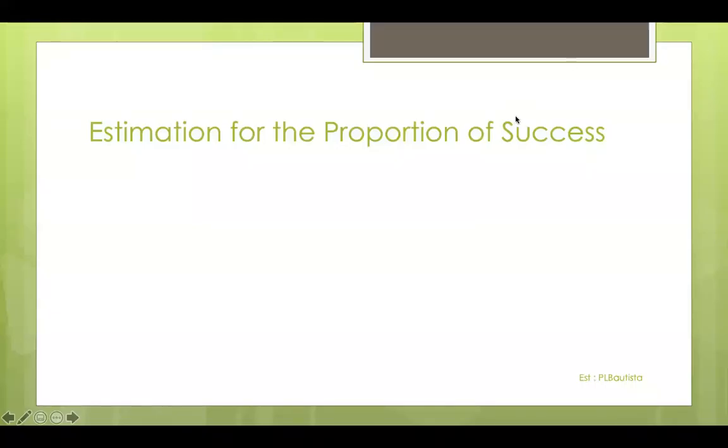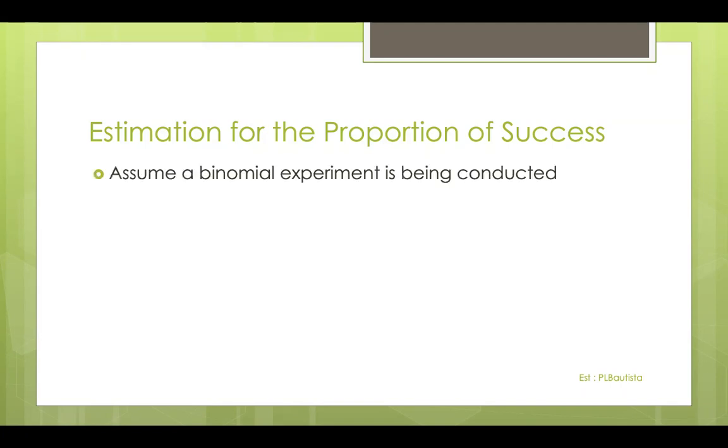In this video, we are going to discuss the estimation of a new population parameter, which we call the population proportion of success. To explain, we assume that a binomial experiment is being conducted. For the population, you have a population size of capital N, and by a binomial experiment, we mean that there are only two possible outcomes, the success or the failure.